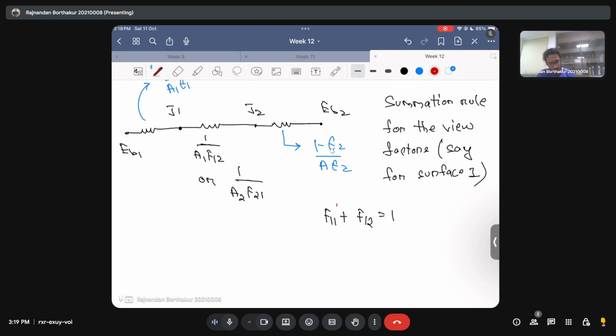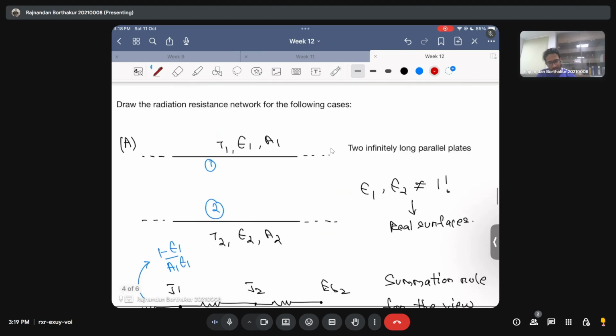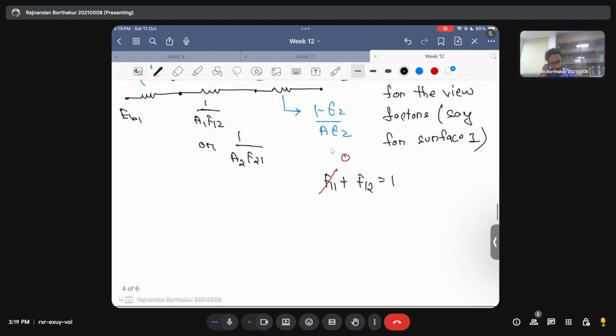But F11 is going to be 0 because this is a flat surface, which means no way the radiation that leaves surface 1 can strike back surface 1, which means that F12 is going to be equal to 1.